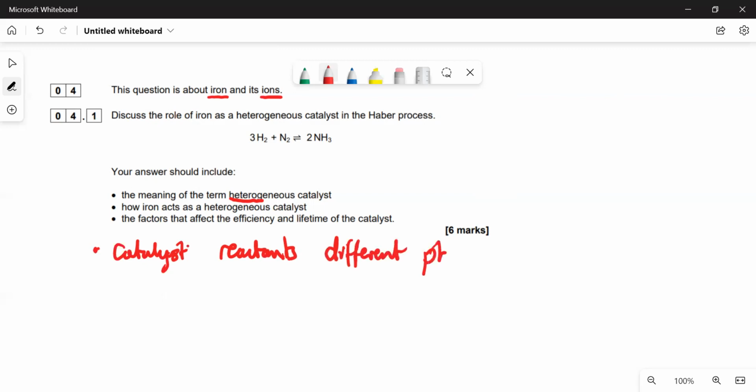And it is nearly always the case that the reactants are gases and the catalyst is a solid. And I think we need to define the term catalyst here, so it increases the rate of reaction by providing an alternative route.